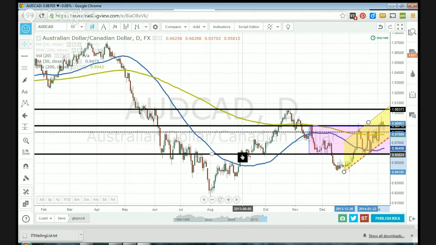If it's going to be a channel, I'd really like to see it fall a little more. Maybe if it can fall to this level right here, 98.12. Right now we're at 98.71, so still need to fall about 50 pips.